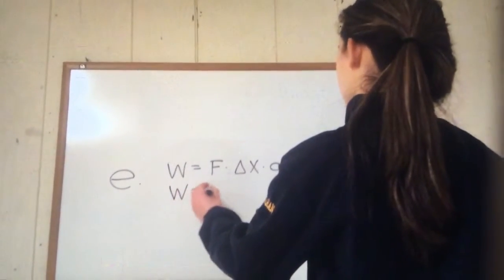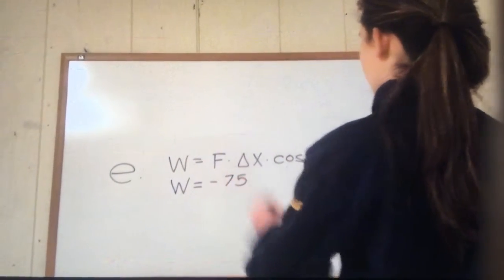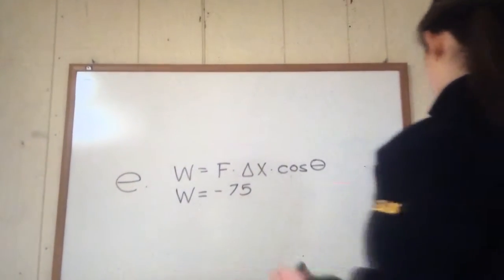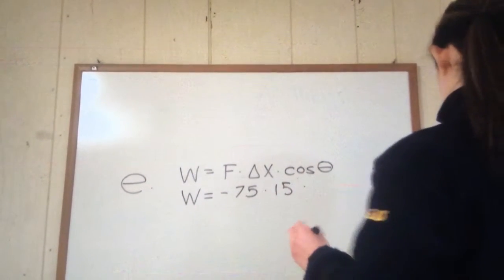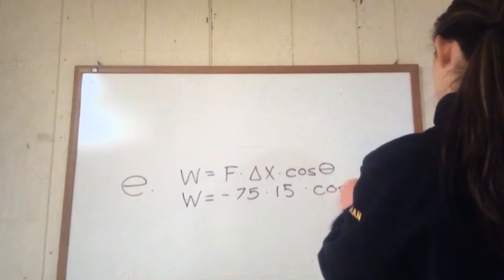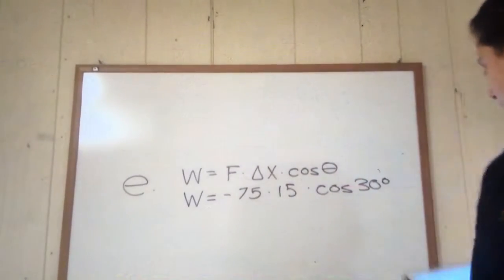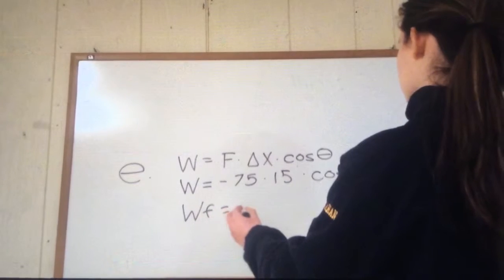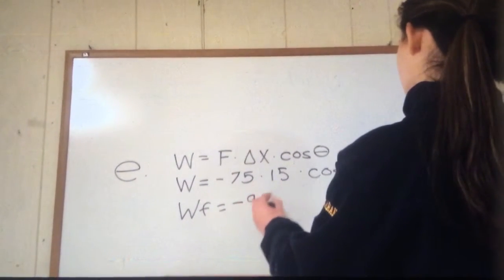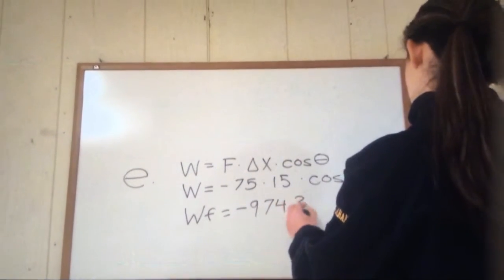For force, we will plug in negative 75 instead of 75. Plug in 15 for the displacement and cosine of 30 degrees. Now, by multiplying, we see that the work done by friction is equal to negative 974.3 joules.